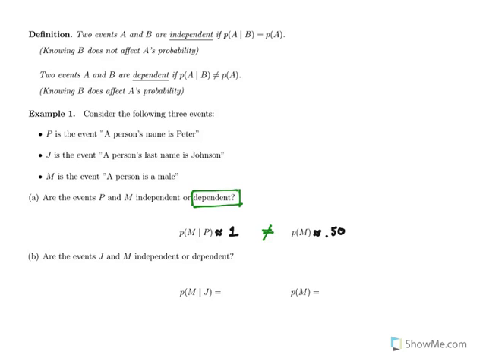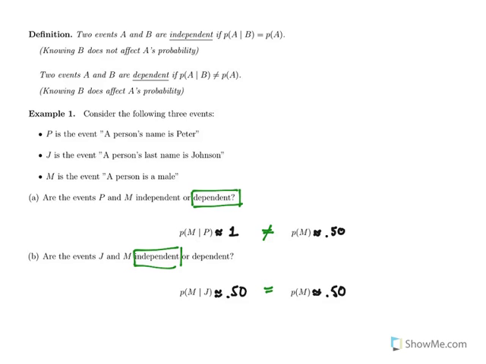Now let's look at the events J and M, last name Johnson and person is a male. Again, the probability that somebody is a male is about 50%. And if we think about the probability that someone is a male given that their last name is Johnson, well, somebody's last name doesn't tell us anything about the gender, so this probability is still going to be 50%, which means that these two events are independent.